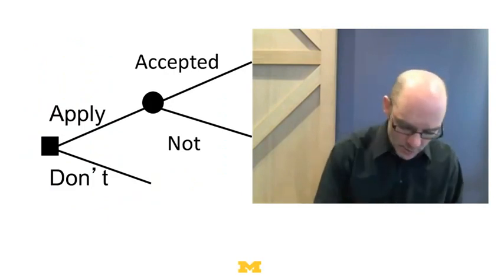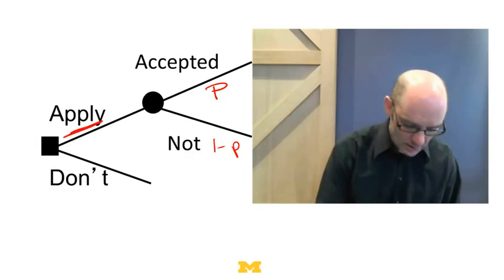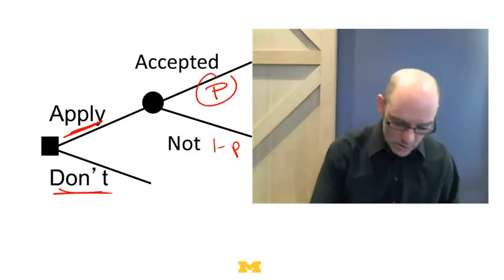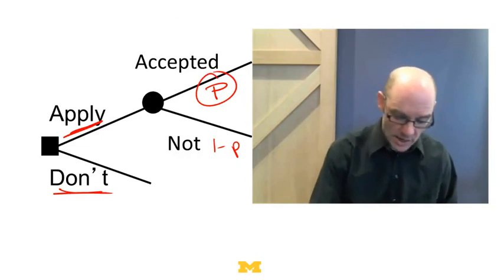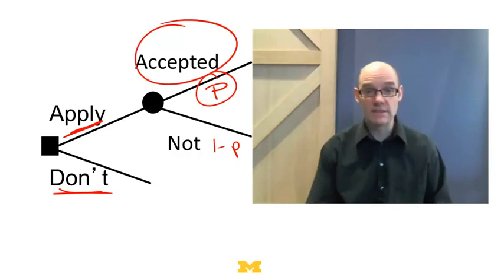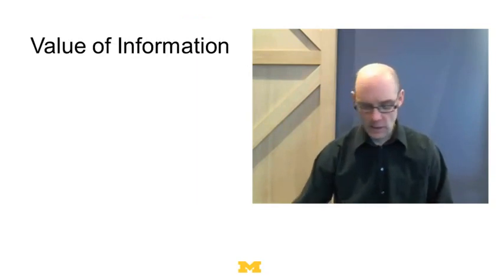If you apply, there's some probability P that you'll get accepted and some probability 1 minus P that you won't. So this decision comes down to what you think the value of P is and also how nice it would be to be accepted, how much you really want to go there. So you can write down these decision trees and decide, is it worth it? Does it make sense to fill out that application and pay the application fee?